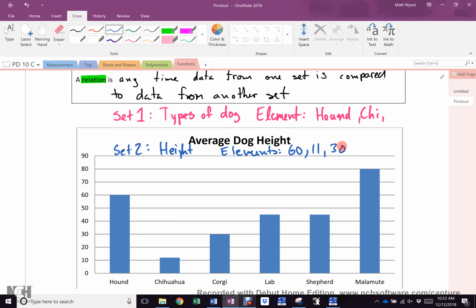No, because there is no data for 40. There is no data for 50. There is no data for 70. There is no data for 90. There's only data for those 6 numbers. Is everybody good? Okay.